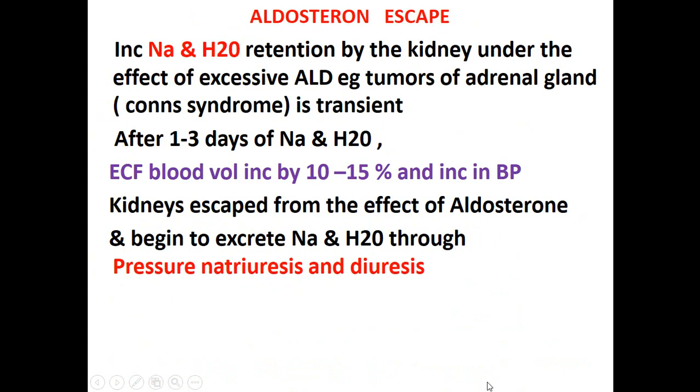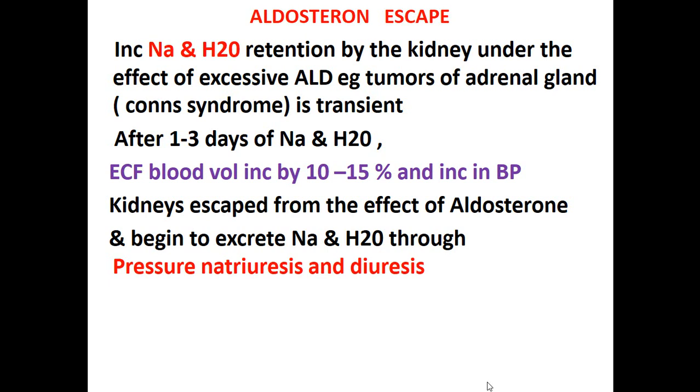Now, one thing which is usually asked in the viva and the university question: what is meant by aldosterone escape? Actually, under the effect of aldosterone, there is excessive reabsorption of sodium and water, which is retained in your body through the kidney, and then volume overload is there. You have got more and more blood volume.